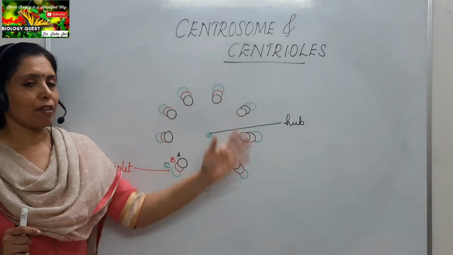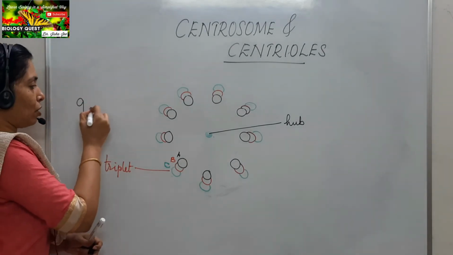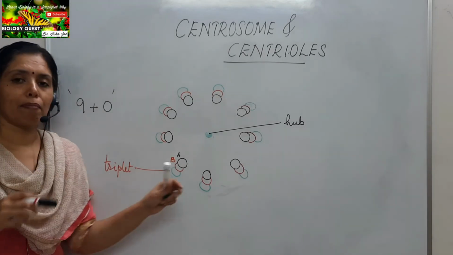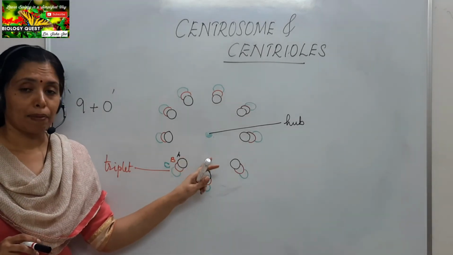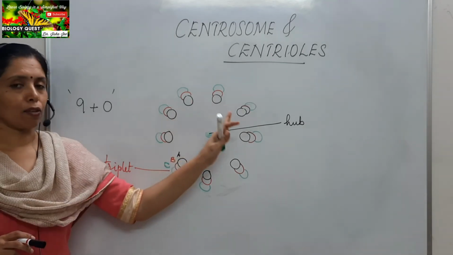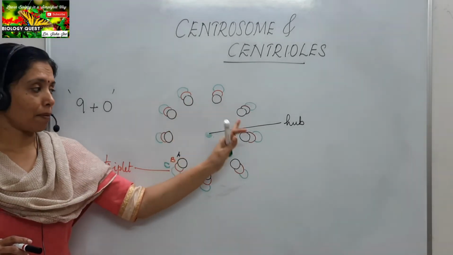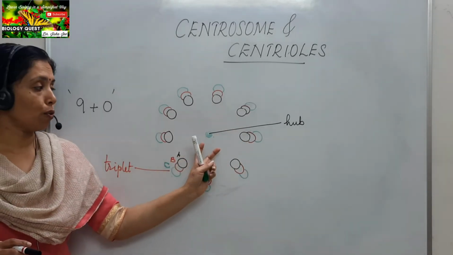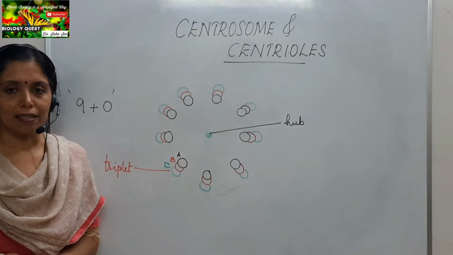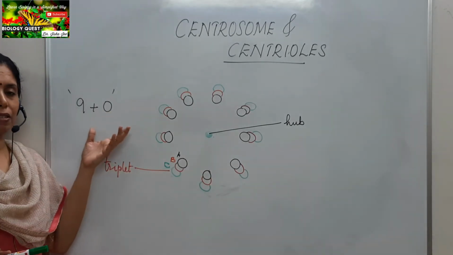This type of arrangement is called the 9+0 arrangement, because there are 9 groups of microtubule fibers at the periphery, with no microtubule fibers or filaments present at the center.